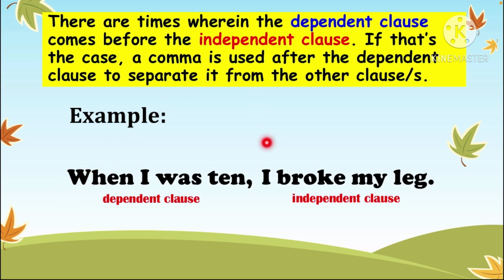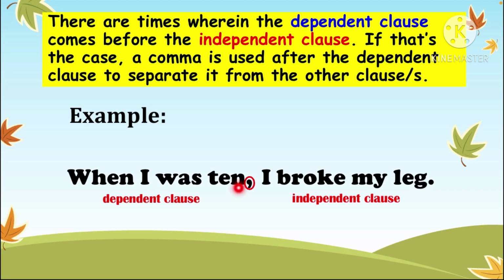It depends on the independent clause to complete its meaning, while I broke my leg has a complete thought already, even though we erase the phrase when I was 10 and we just left I broke my leg. It can be considered as a simple sentence. So that's why it is an independent clause, because it has a complete thought or idea.